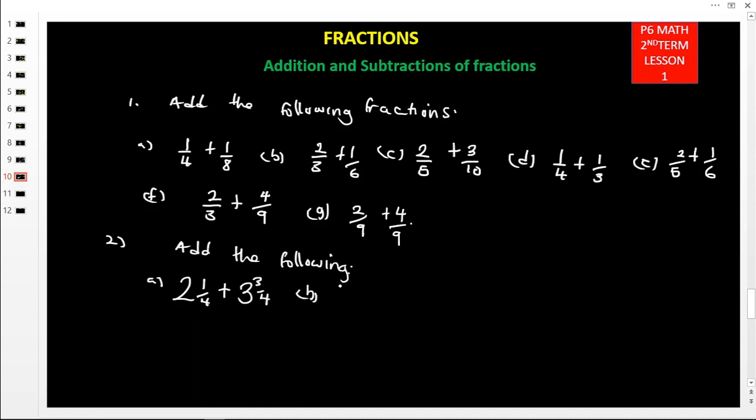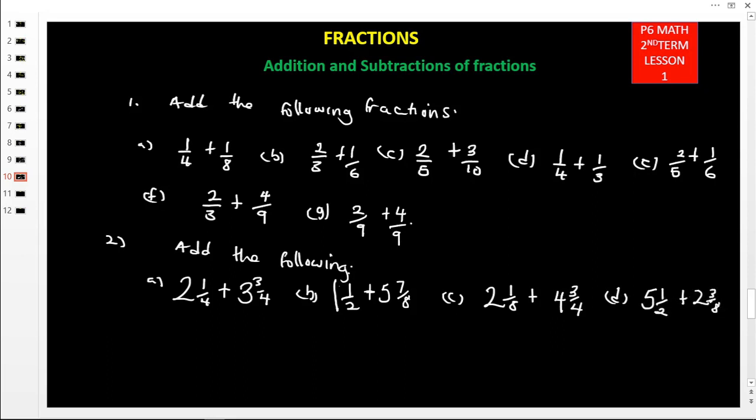Then part B here, we are having 1 whole number and a half, then plus 5 whole numbers, 7 out of 8. Then part C, it is 2 whole numbers and an eighth, then plus 4 whole numbers, 3 out of 4 or 3 quarters. Then part D here, we are having 5 whole numbers and a half, then plus 2, 3 out of 8.